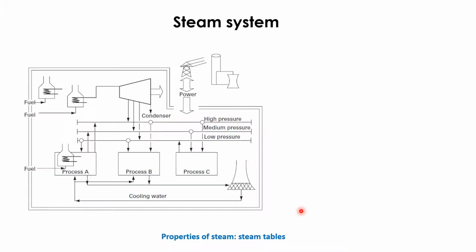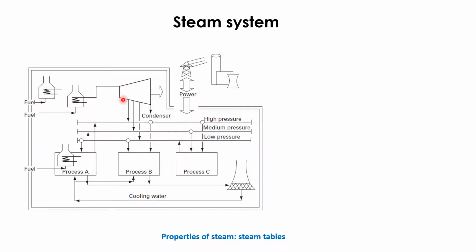To illustrate how important steam is in the chemical plant, this figure shows a typical utility system in which steam plays quite important roles. Steam is generated through the furnace here, so basically we convert the chemical heat from the fuel to become the enthalpy in the steam.